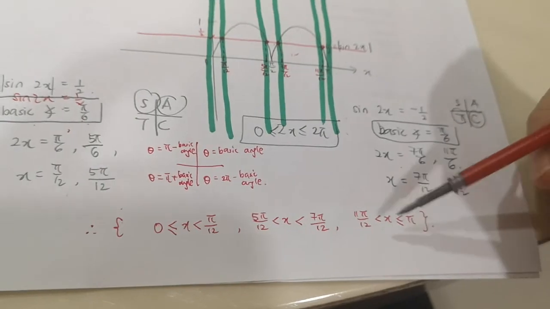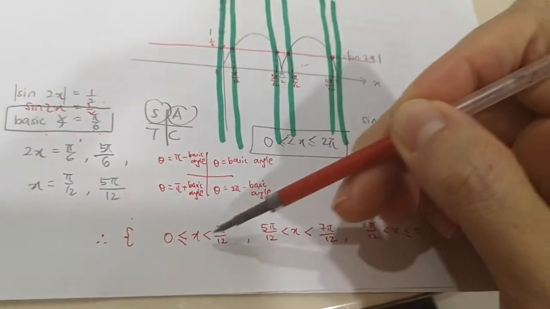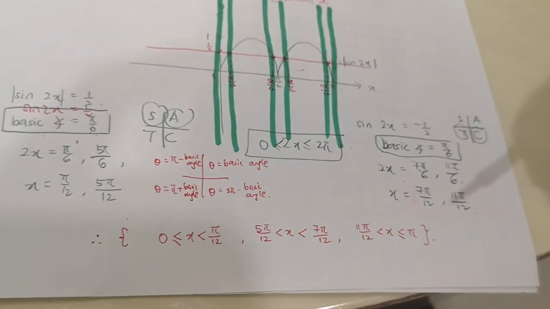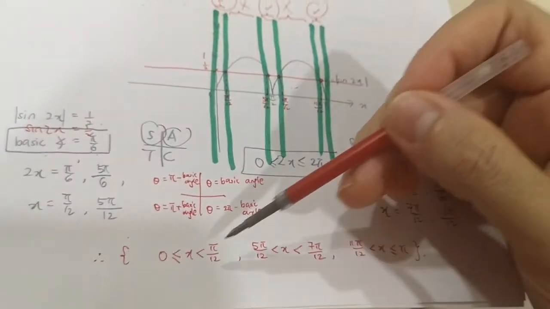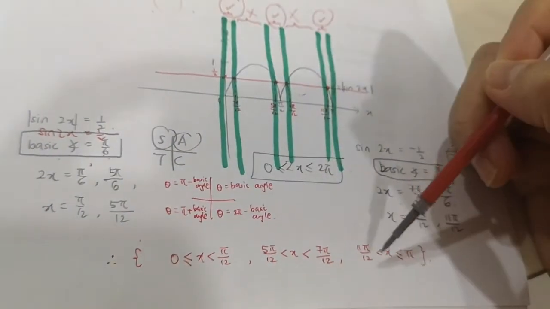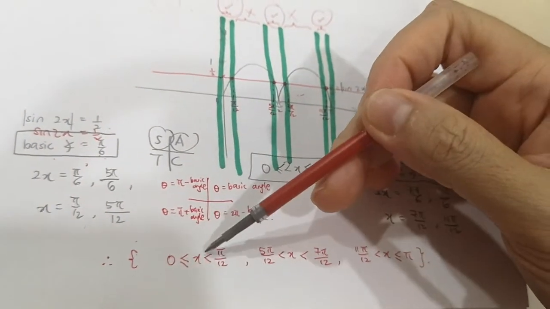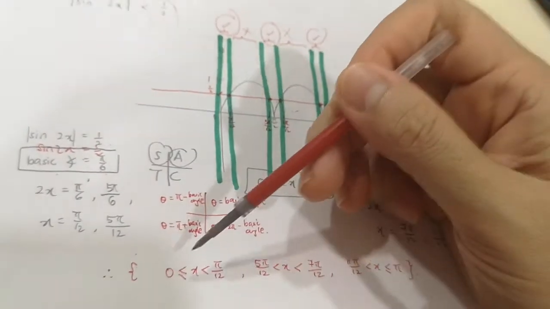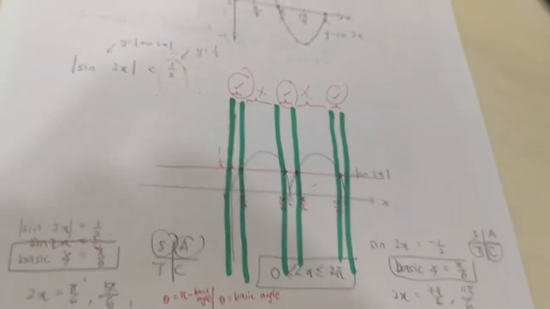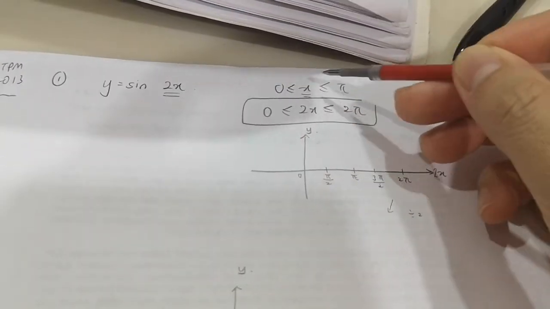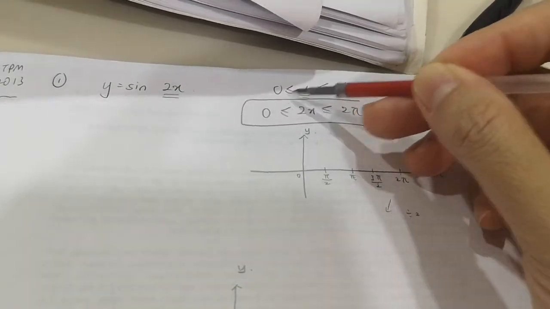So I just write out my answer first, in the form of inequalities, with commas. After that, why did I write this? Maybe some of you say, teacher, why do you put an equal sign for 0 and pi, but all the others have no equal sign? What I do is, for 0 and pi, you look at the question. For 0 and pi, it has an equal sign. See? The domain here has an equal sign.